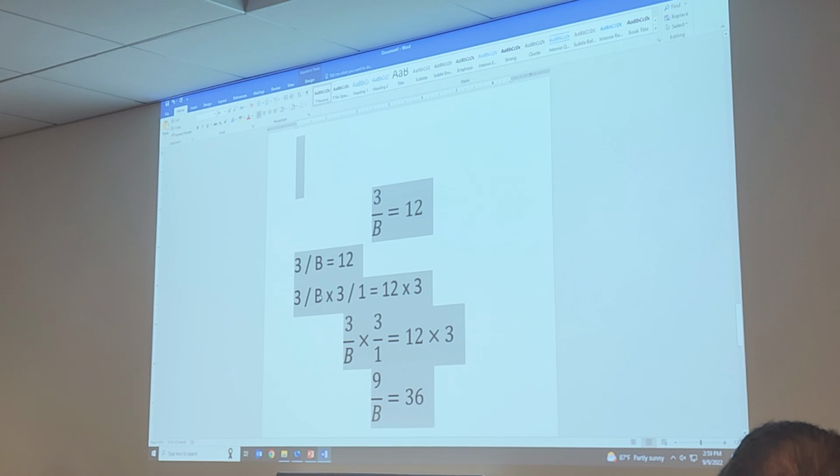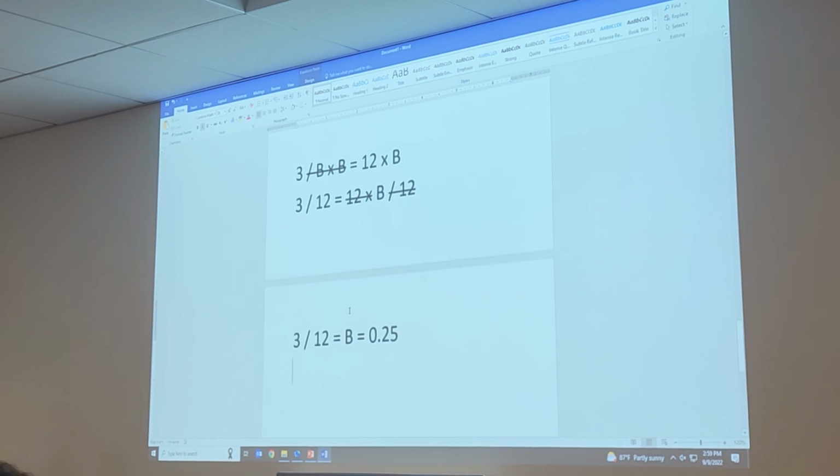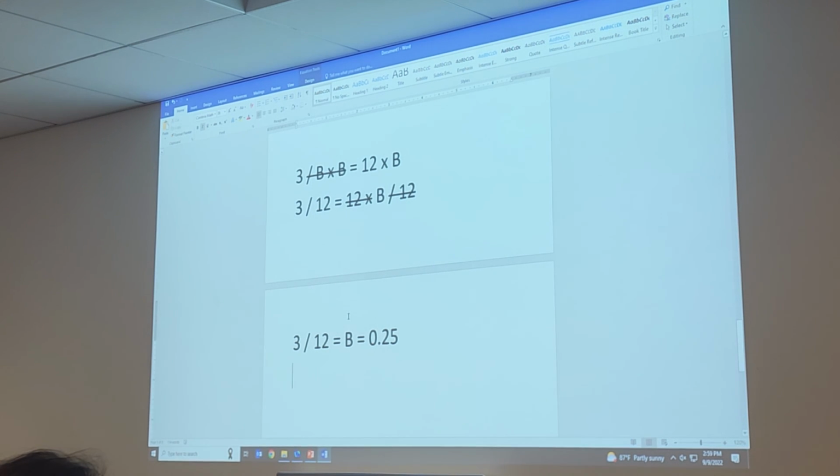So the b has to be on top to get rid of the 36. If they're opposite, then yes, the answer would have been 36.